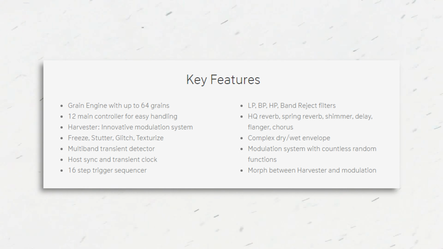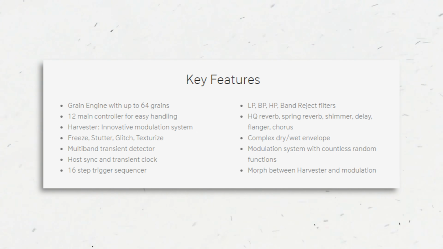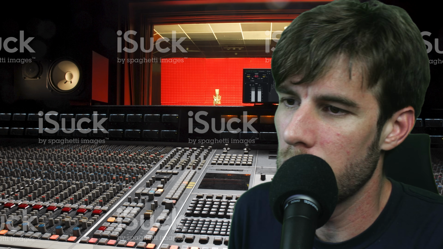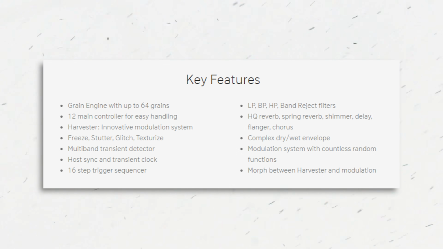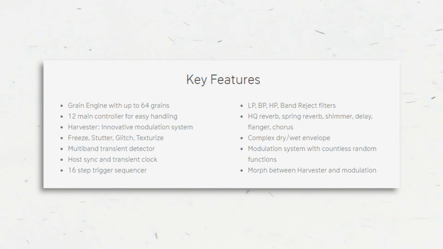It's a grain engine with up to 64 grains, 12 main controllers for easily handling Harvester, innovative modulation system, freeze, stutter, glitch, texturize, a multi-band transient detector, host sync and transient clock, a 16-step trigger sequencer, low pass, bypass, high pass, band reject filters, HQ reverb, spring reverb, I guess that one's not HQ, shimmer, delay, flanger, and chorus, complex dry wet envelope. Modulation system with countless random functions, and you can morph between Harvester and modulation.